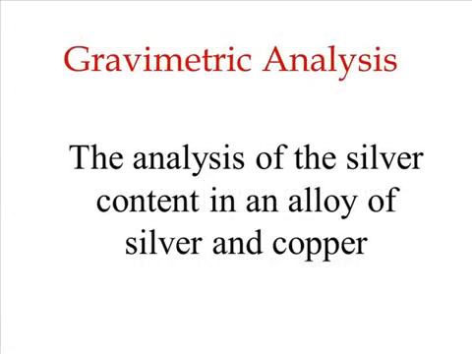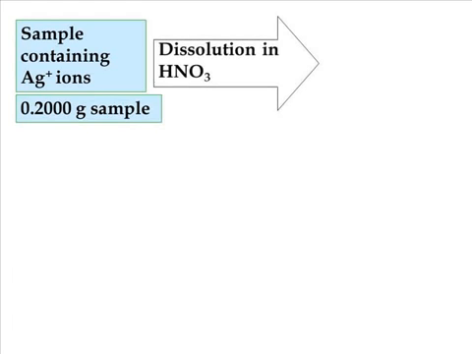The lab that you will be doing is analyzing an alloy that contains both silver and copper, and you will be analyzing it for its silver content. You will first take the alloy, weigh it. You will dissolve it in nitric acid.